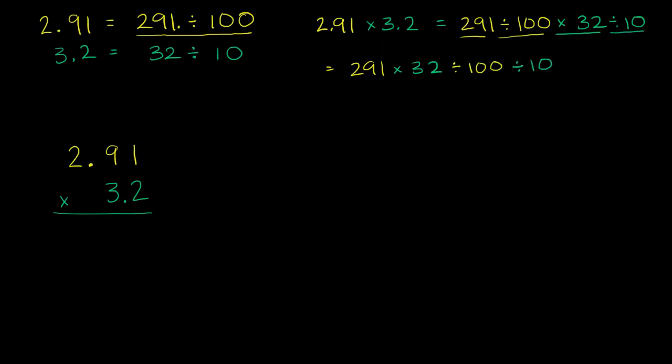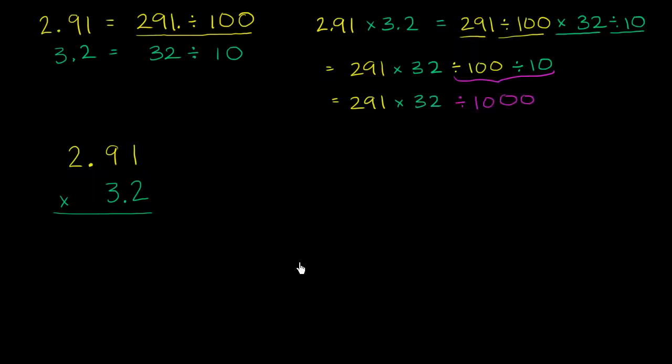If I divide by 100 and then divide by 10 again, I'm essentially dividing by 1,000. So this part I could rewrite as dividing by 1,000.